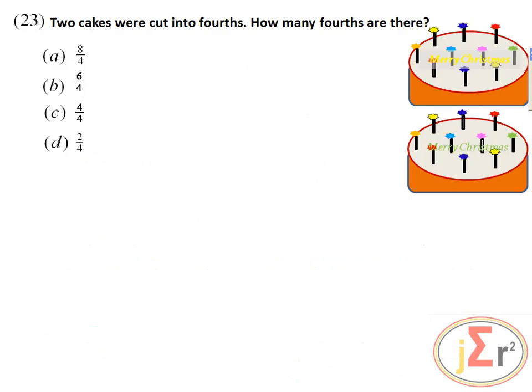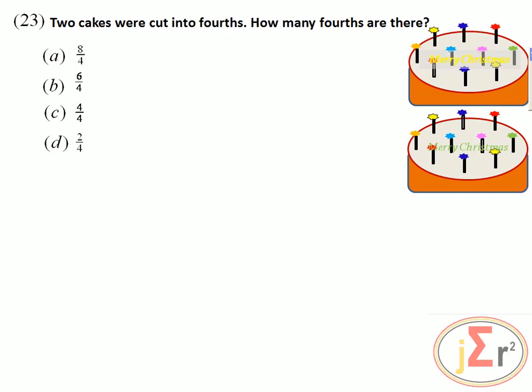2 cakes were cut into fourths. How many fourths are there? A fourth is the same thing as what, Jerry? 1 over 4. Right. And what other name do we call that fraction? It begins with a Q. A quarter.